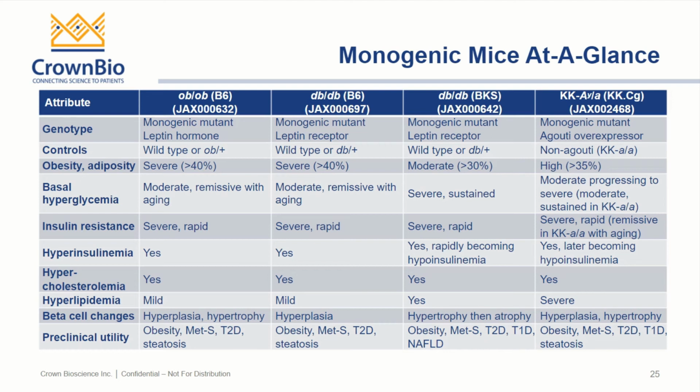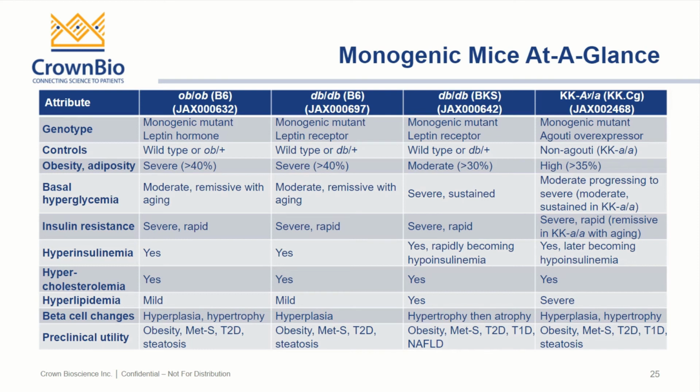They are hyperinsulinemic, hypercholesterolemic, and they exhibit mild hyperlipidemia. They do exhibit beta cell changes, including hyperplasia and hypertrophy, and they're useful for obesity studies, for metabolic syndrome, type 2 diabetes, and steatosis.